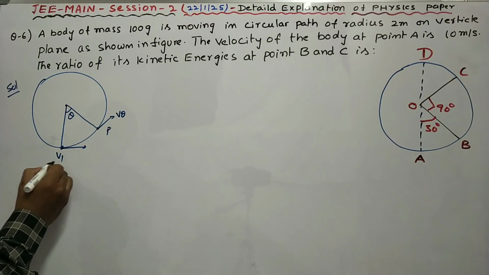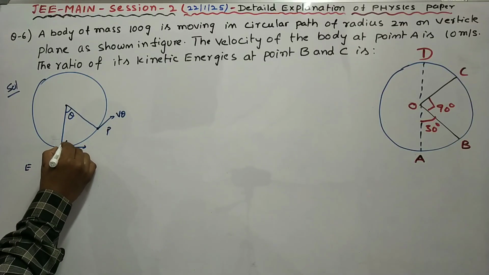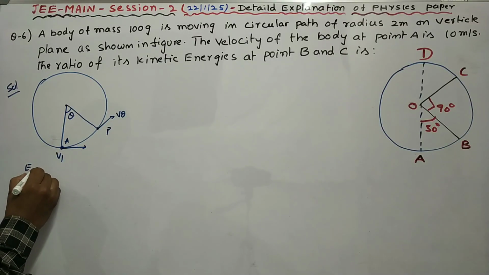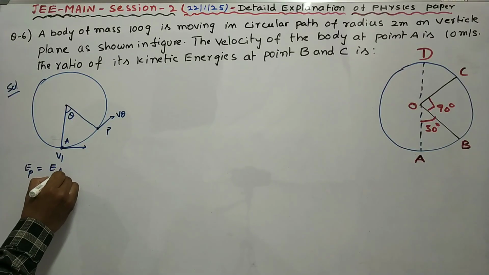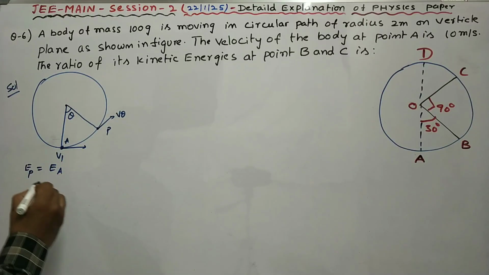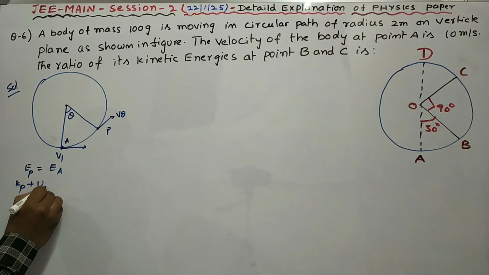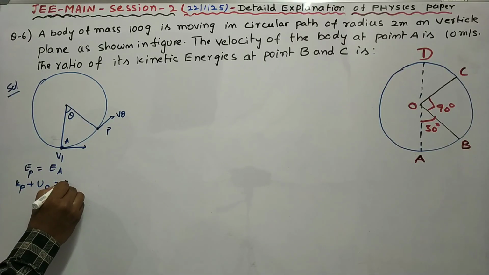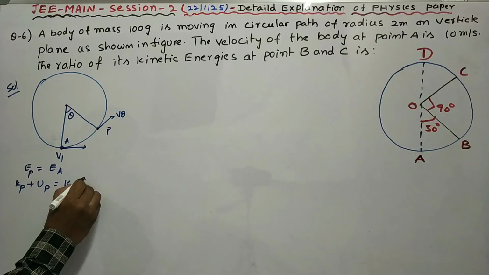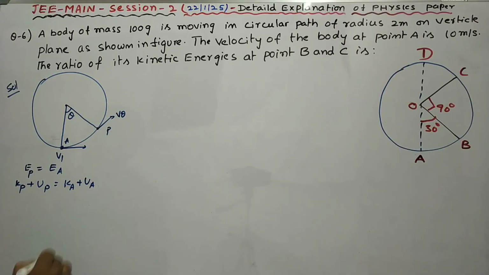According to the law of conservation of energy, energy at point P is equal to energy at point A. So kinetic energy at point P plus potential energy at point P is equal to kinetic energy at point A plus potential energy at point A.